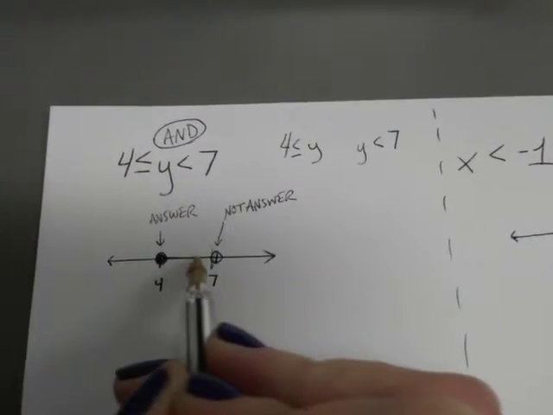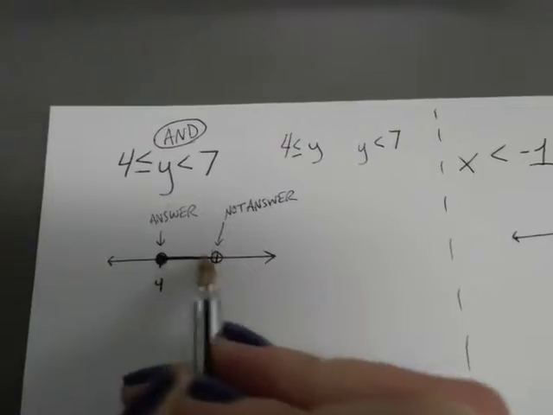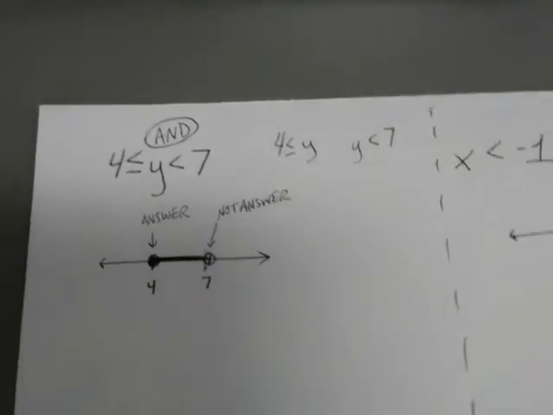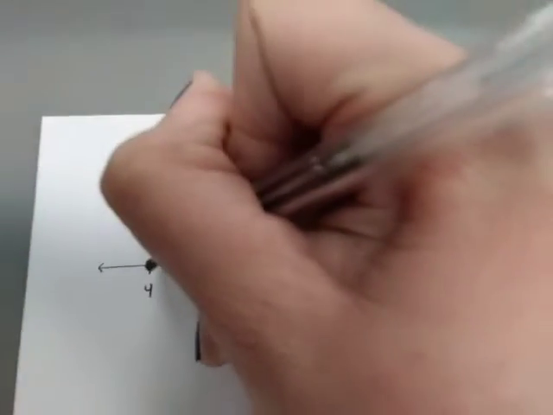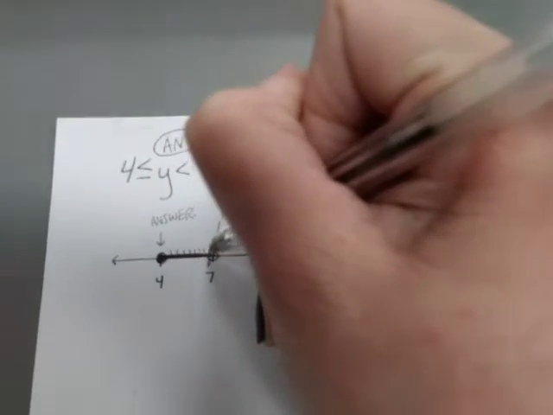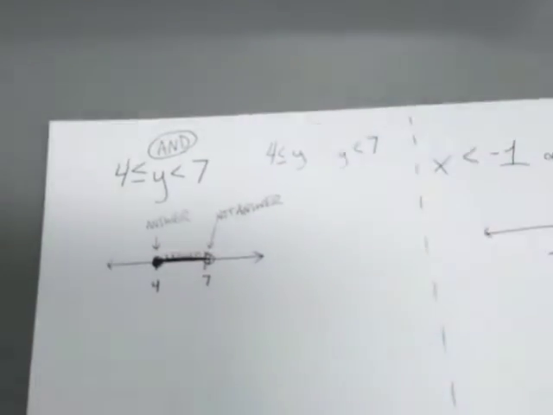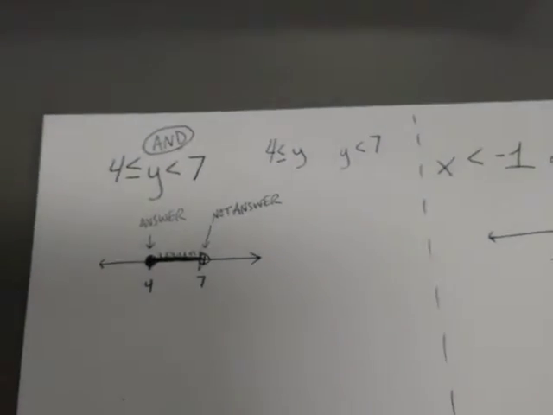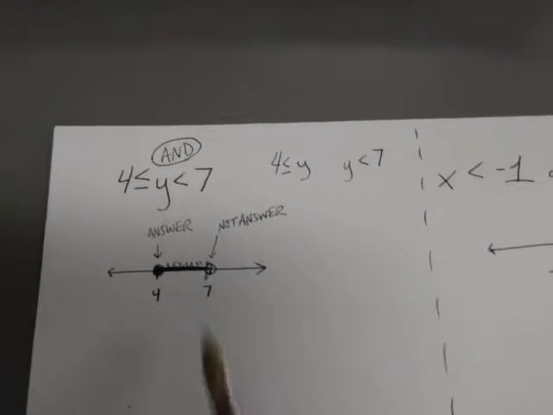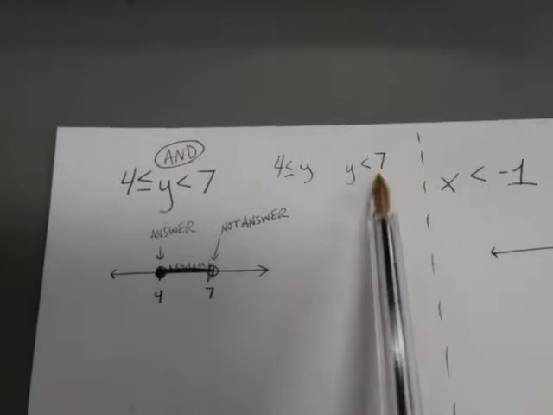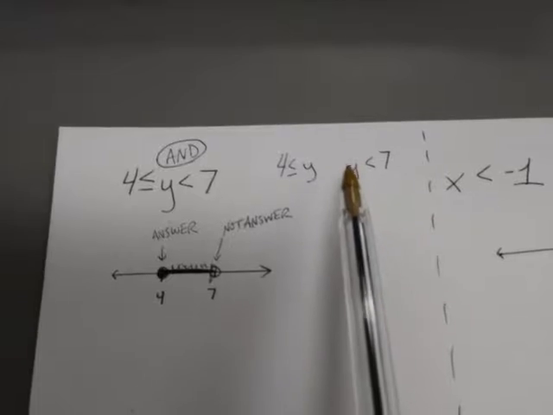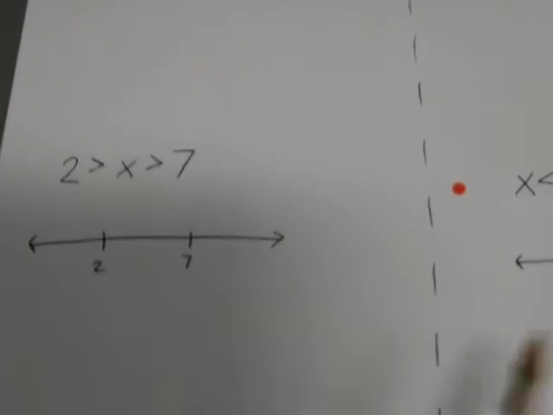They're all in between 4 and 7. So I'm just going to shade. Those are my answers. So any single number that's in between there, those are all of my answers. And I'm allowed to do that because this is an and inequality, where both of these happen at the same time.